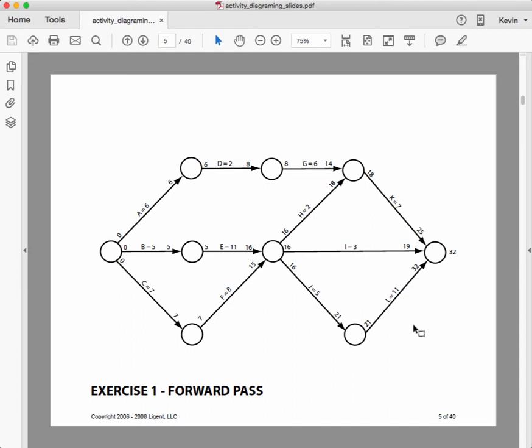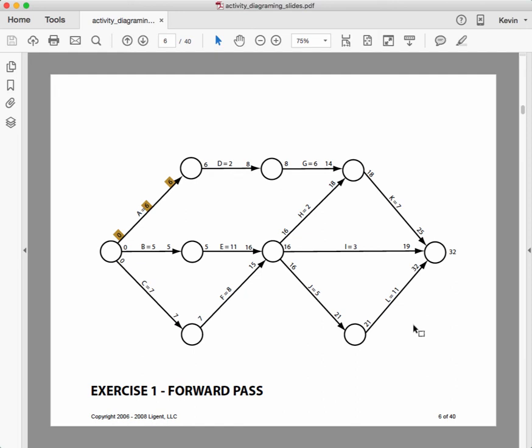Okay, so let's do a forward pass and let's see how this goes. There's a lot of calculation, and I've kind of color-coded it to help you follow along. So we begin with task A. It has a duration of 6, and the early start for all of the tasks that start at the beginning node is day 0, and then we add the duration, so we get the early finish of 6.